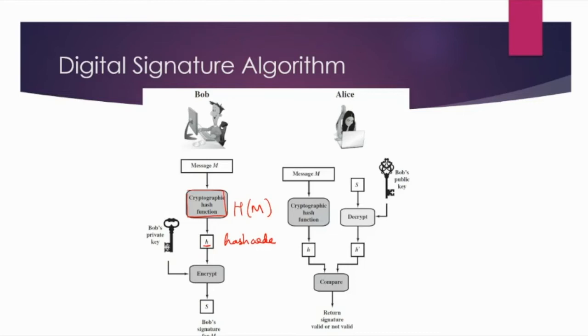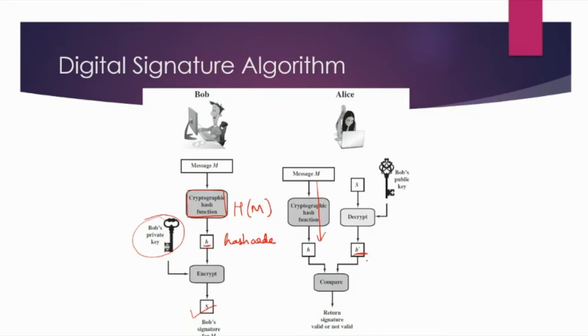Now we can encrypt this hash code using Bob's private key, and this will become our signature. At the receiver end, Alice can compute the hash value with respect to this message. On the other hand, she can decrypt the signature and get H dash.